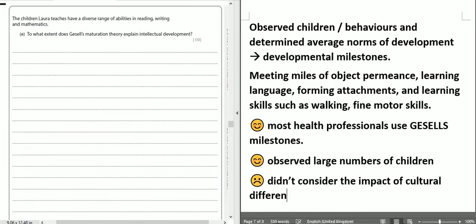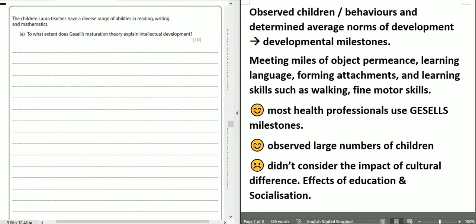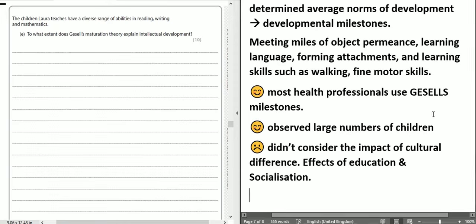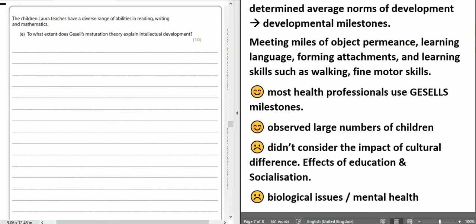And if we think about that criticism we threw about Piaget's cognitive development earlier, he also didn't think about the effects of education and socialization or social interaction, and how that might change and affect milestones. He doesn't consider biological issues or mental health, so it might be learning disabilities or disabilities in children.